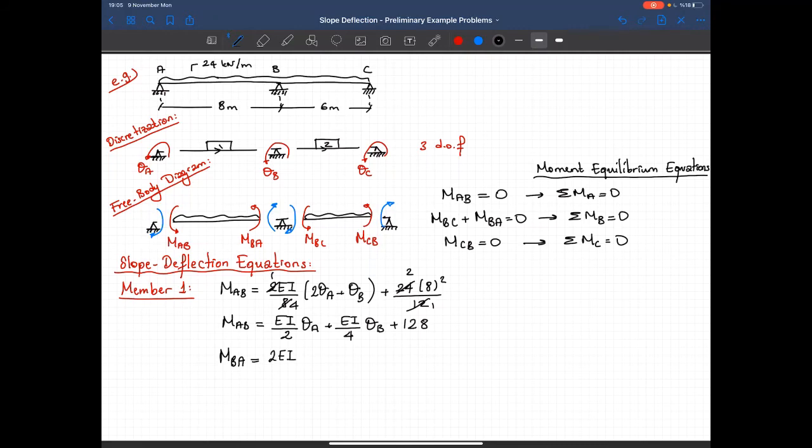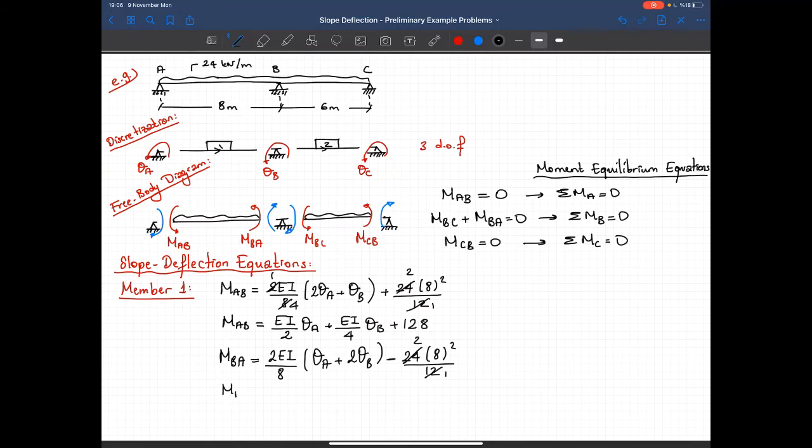And MBA is equal to 2EI over 8 times (theta A plus 2 theta B) minus 24 times 8 squared divided by 12. That's 1.